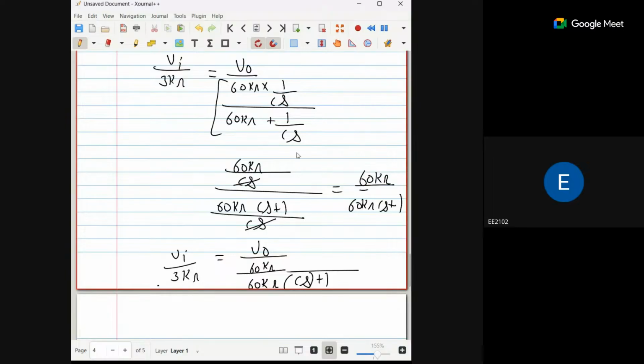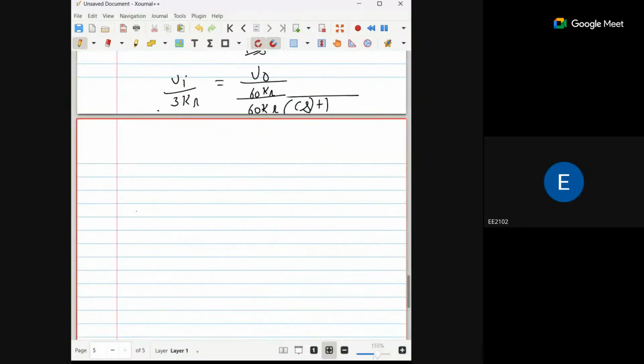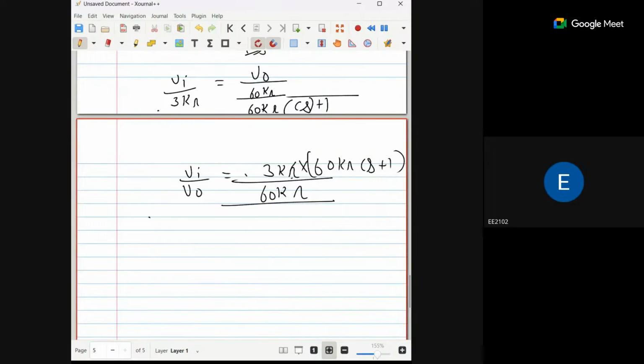From here, V naught upon Vi equals 60 kilo ohm upon 3 kilo ohm into 60 kilo ohm CS plus 1. The kilo ohm we can cut directly, that is 20.